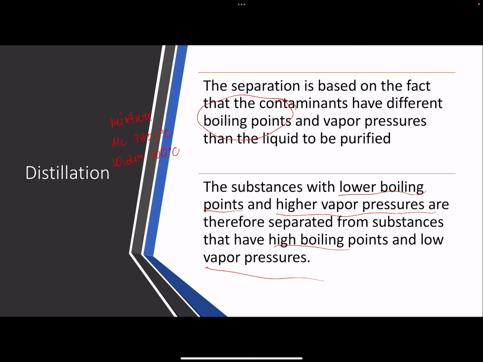So it's easier to separate because once you reach the temperature of 73, alcohol is already evaporating while water is barely boiling, barely simmering. That means all of our alcohol will evaporate before our water starts evaporating. So they're easy to separate. That's the reason why distillation is also commonly used.